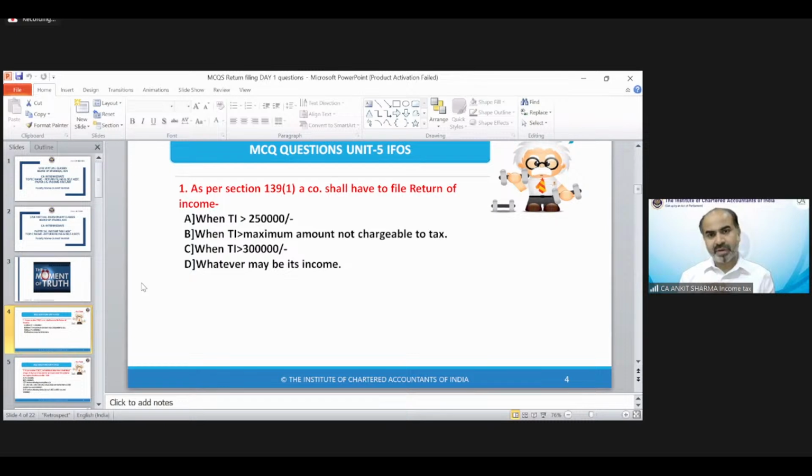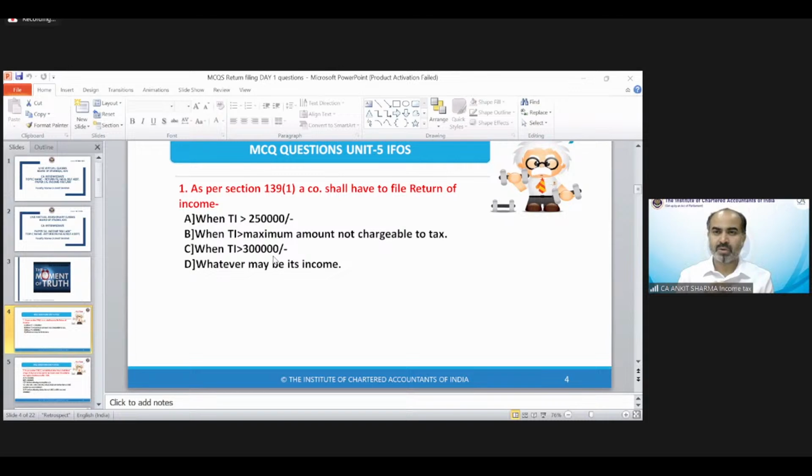There is question number 1. Read it carefully and then give me your answer. So the question: as per section 139(1), a company shall have to file return of income when total income exceeds 2,50,000, exceeds the maximum amount not chargeable to tax, exceeds 3 lakh rupees, or whatever may be its income.